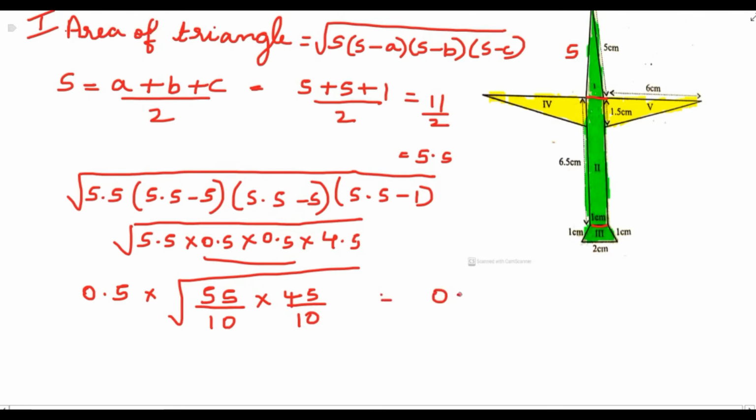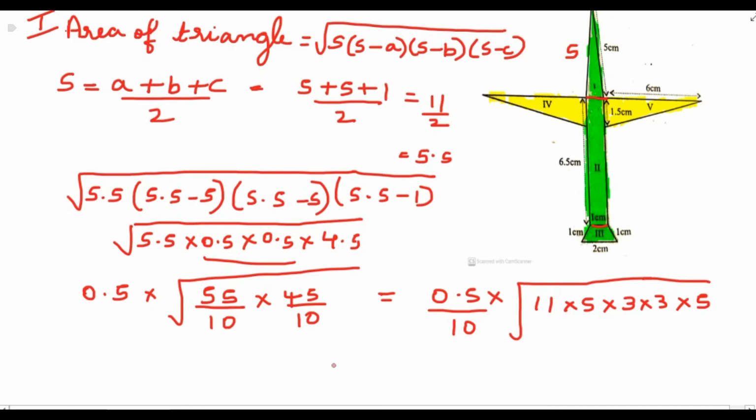So which is equal to 0.5 into the square root of 55 divided by 10 into 45 divided by 10. I can write 55 as 11 into 5, and 45 as 9 into 5, and 9 as 3 into 3. So 3 and 5 can be taken outside, into root 11.